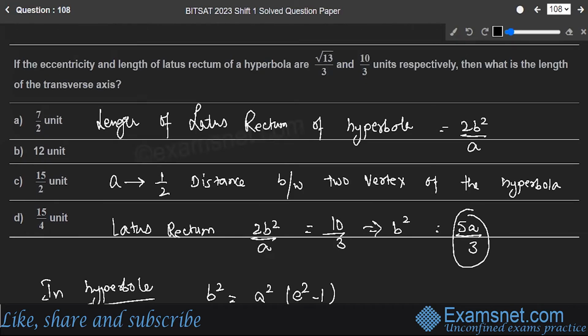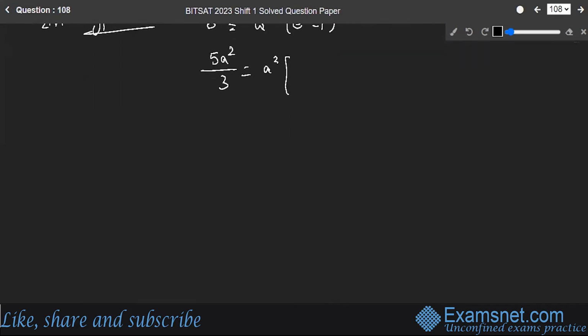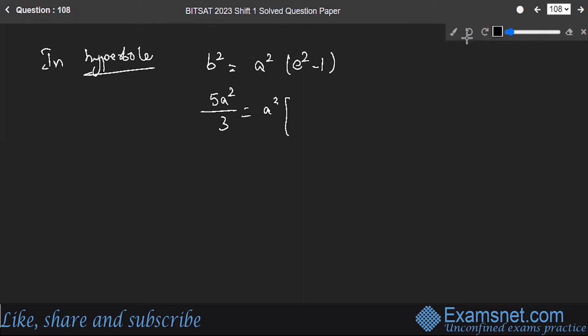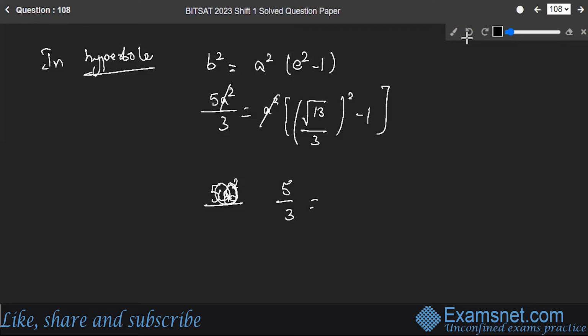You are also given one more thing. Eccentricity is given to you, root 13 upon 3. So e square minus 1 will be root 13 upon 3 square minus 1. So you have 5a square upon, actually this a square will cancel. So you will have 5 upon 3 is equal to 13 upon 9 minus 1.